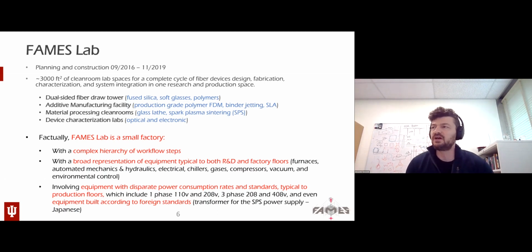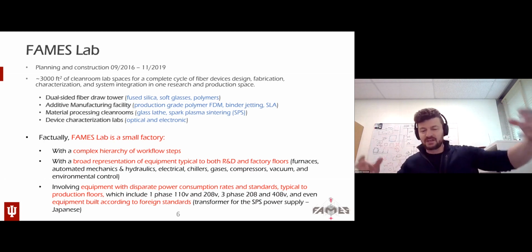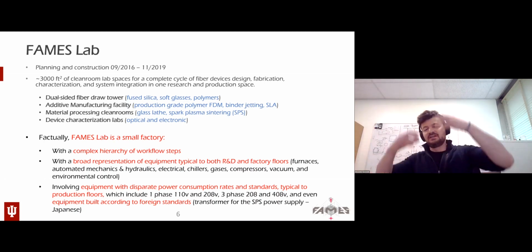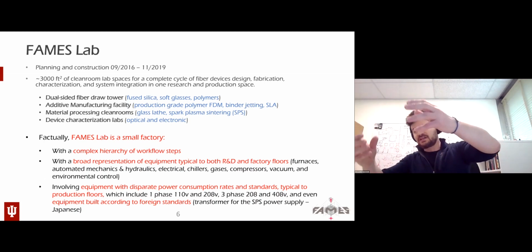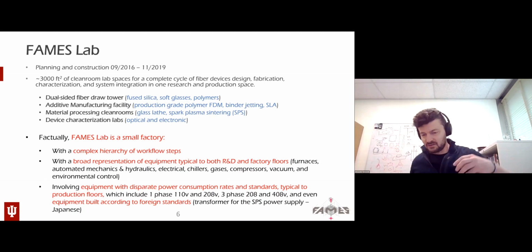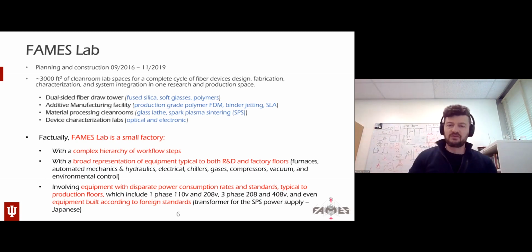To make a fiber device, you need first to process materials that would create the preform, which is the scaled up replica of the final fiber device that you take then to the draw tower, melt it into a state of viscous liquid and draw like a candy into the fiber, and then you have a number of post-processing steps.